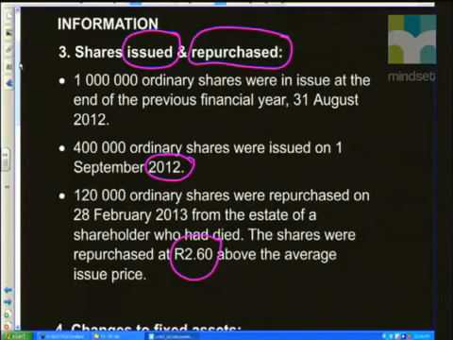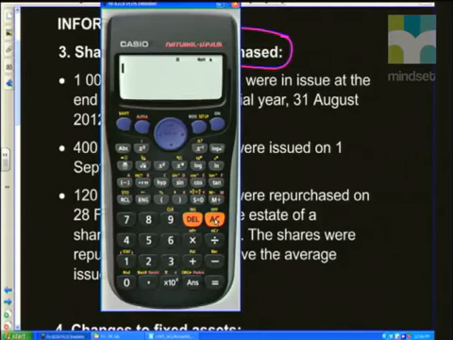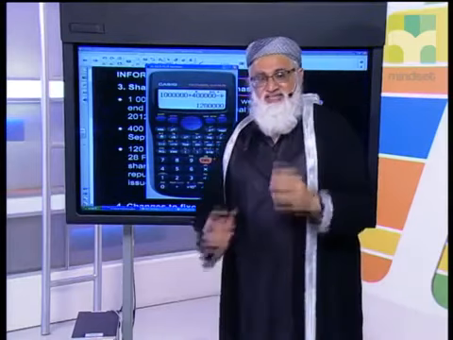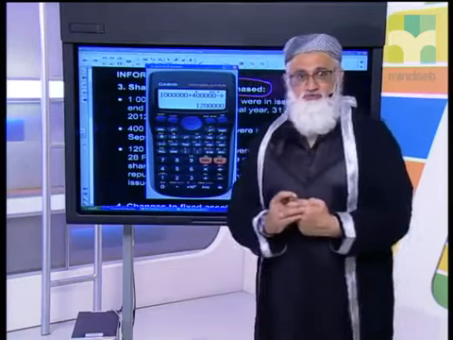Let's do that. We have 1 million shares, then we sold a further 400, so plus 400, minus 120,000. So we are therefore left with 1,280,000 shares. That's a physical number of shares.